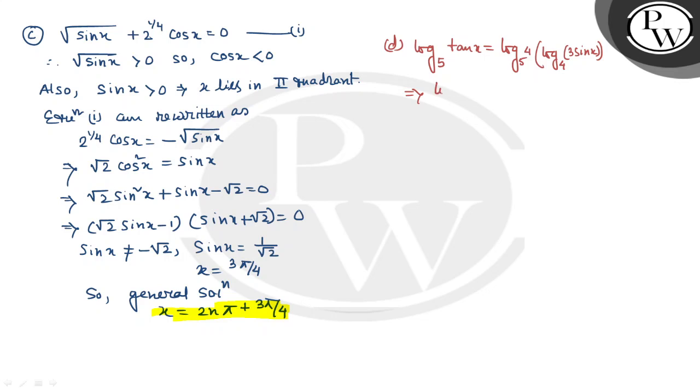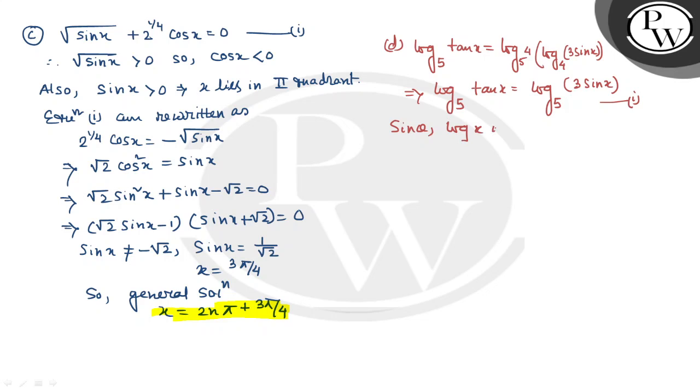Then log of tan x base 5 is equal to log of 3 sin x base 5, this is the log formula. You put this as equation number 1.